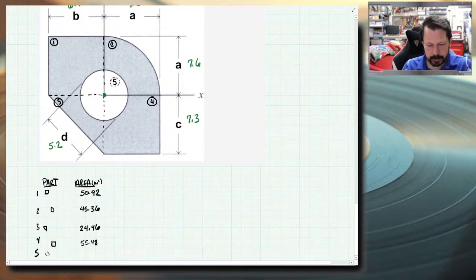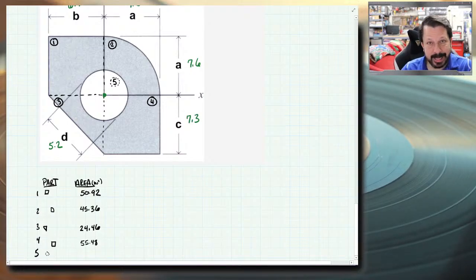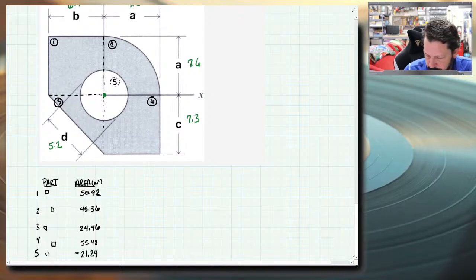And then the circle in the middle has a diameter of 5.2, so pi times diameter squared divided by 4, but it's negative because it's cut away. So all of these others were positive and created a solid shape, and now I'm using the negative area of this circle to cut a hole in the middle of it all. So negative 21.24.